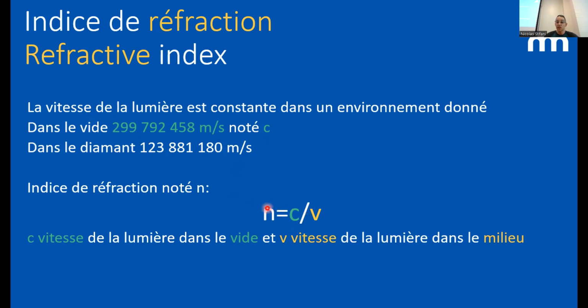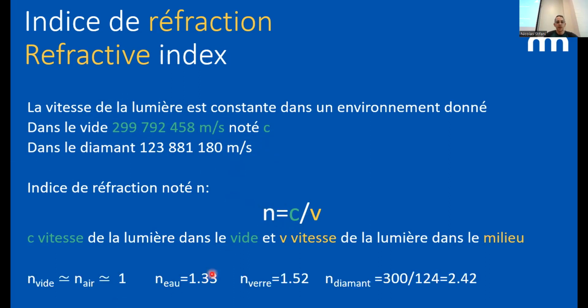So the refractive index shows you how much light is slowing down in a medium. Some examples: in vacuum or in air, it's about 1. In water, it slows down a bit, it's 1.33. In glass, it's 1.52. And in diamond, it's actually about 2.42.